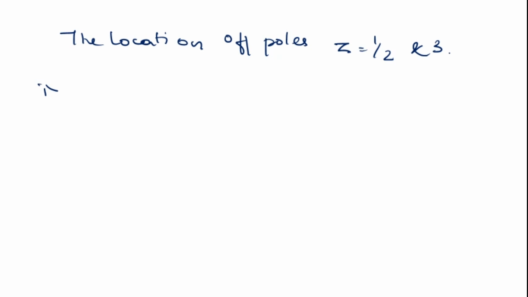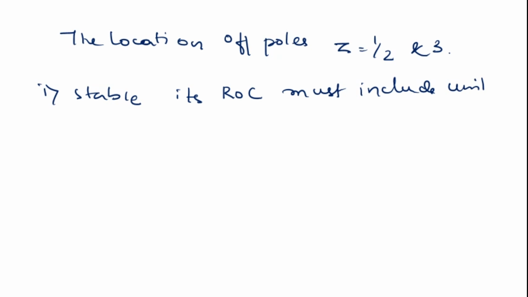So, first condition, for the system to be stable, its ROC must include the unit circle.